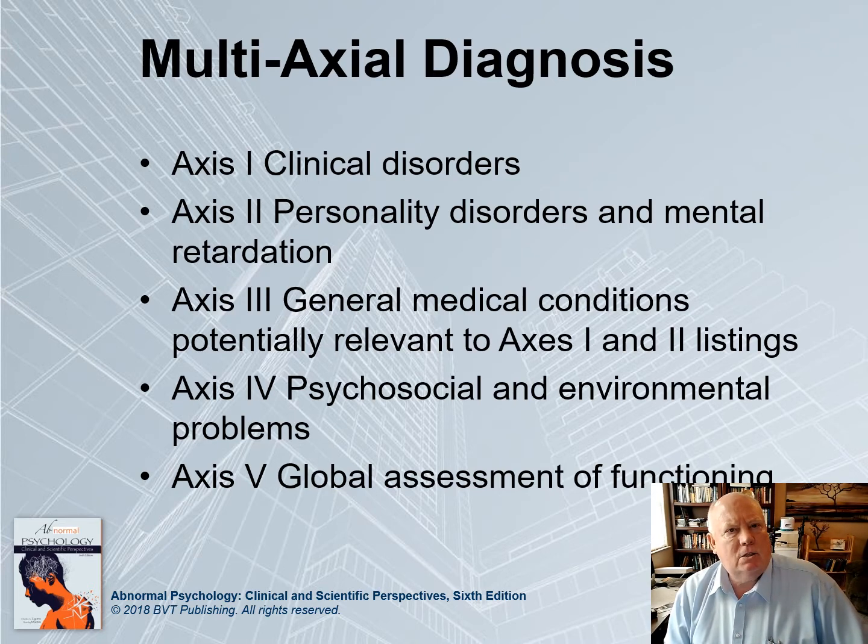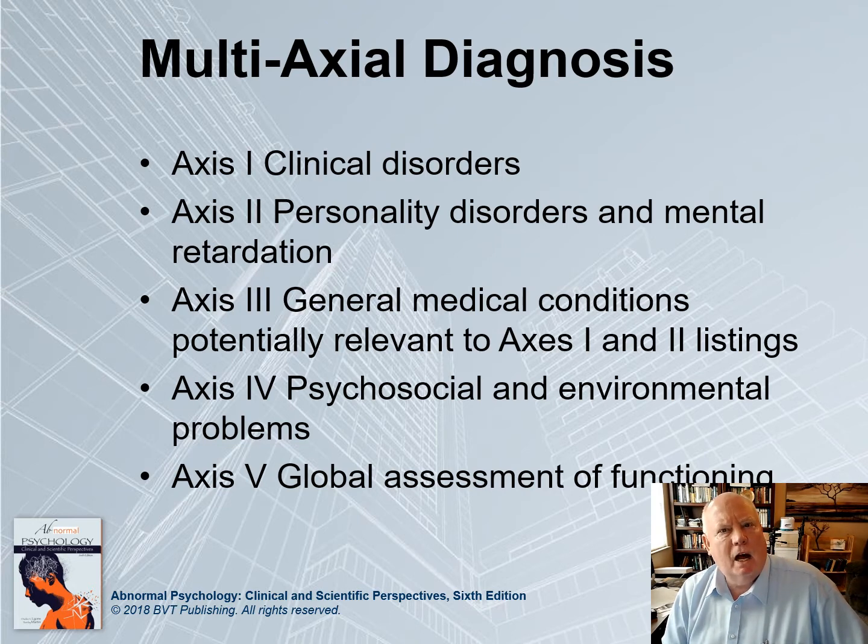dimensions? Axis 1 is where we put the clinical disorders themselves, like depression and substance abuse. Axis 2 were similar disorders that were more chronic and were a part of the individual, like personality disorders and also mental retardation.